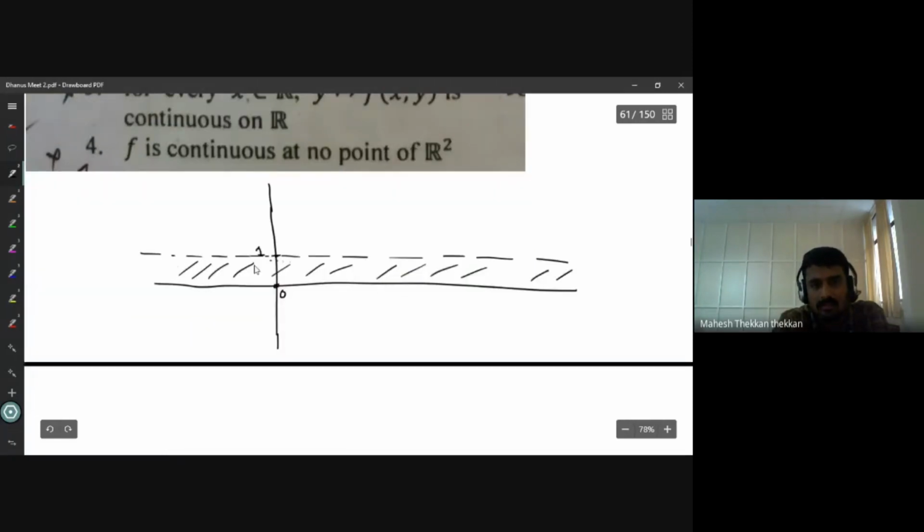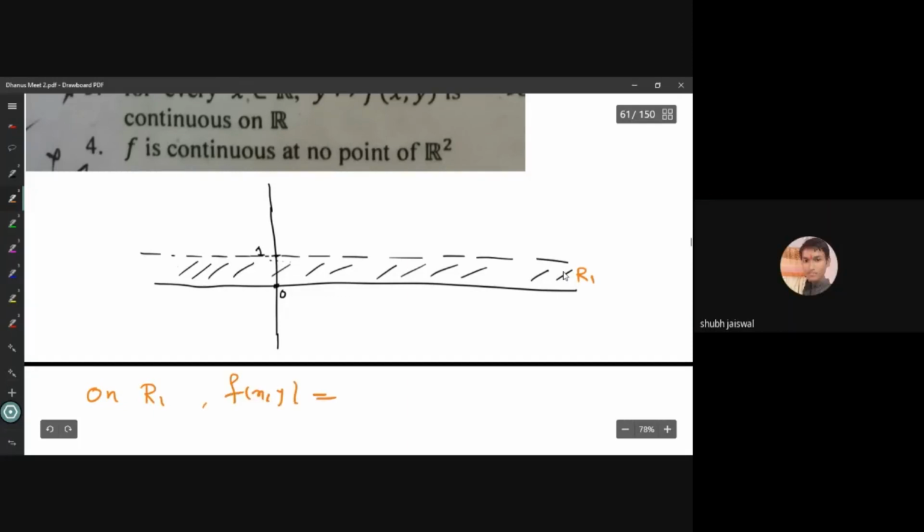So in this region the function value is 1. I will make this my region R1. So on R1, f(x, y) is 1. Correct?